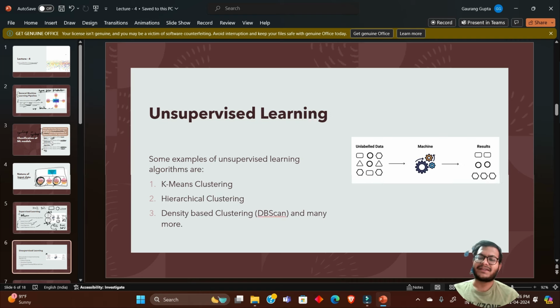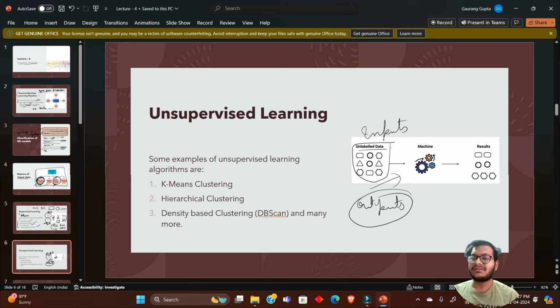Now, unsupervised learning. What happens in unsupervised learning is that we don't have that output. We don't have the facility of outputs now. We only have inputs. So in this, the unlabeled data is fed to the machine, and the result is not that the machine identifies that this shape is a rectangle.